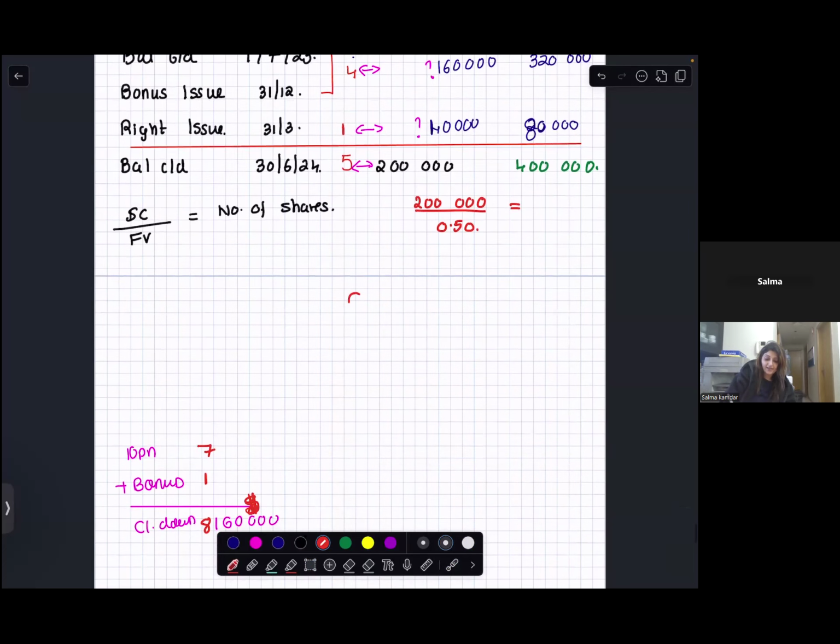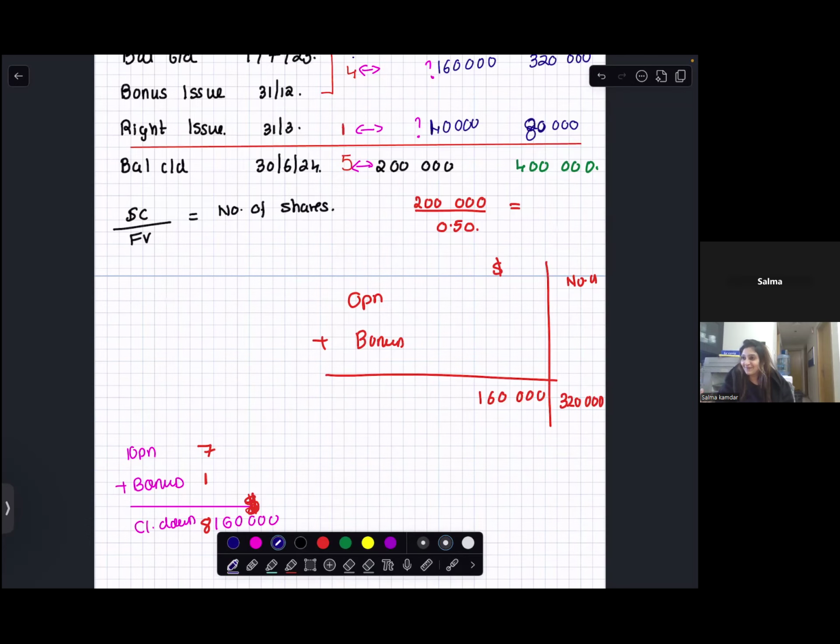Now I take this ratio. I say my opening plus bonus, the total is 160,000 in dollar value. And if you talk about the number of shares, it's going to become 320,000. I hope you're with me. So if I add the opening and the bonus, what is the ratio for bonus?